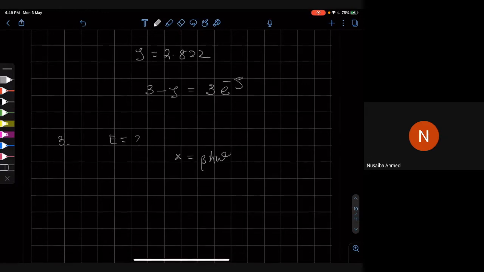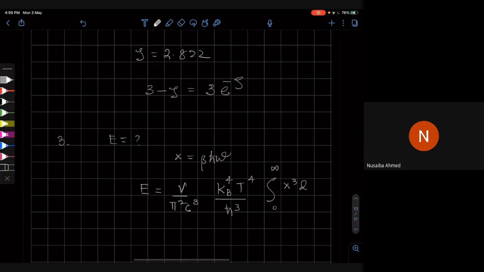Then you can show that the total energy is V over pi squared c cubed, kB to the power 4, T to the power 4, divided by h bar cubed, times the integral from 0 to infinity of x cubed dx divided by e to the power x minus 1.